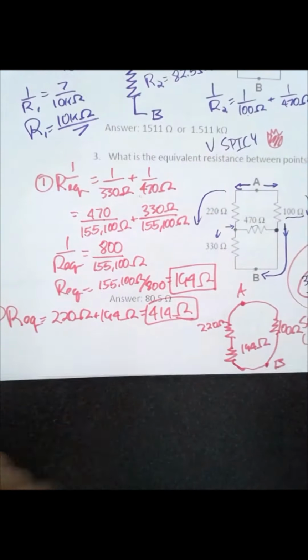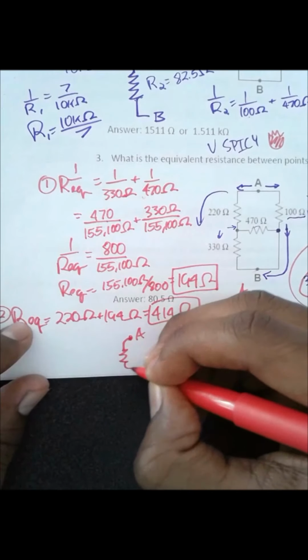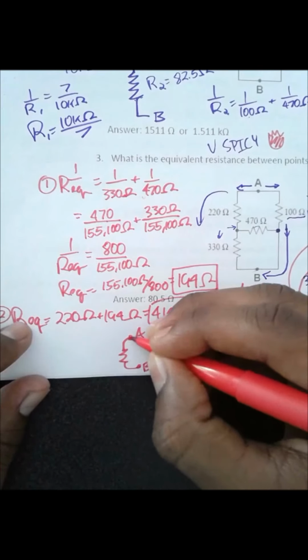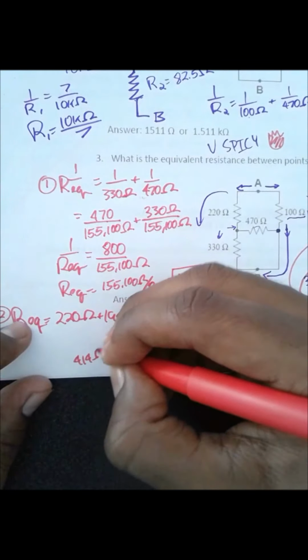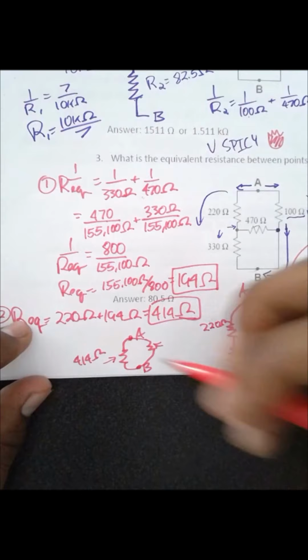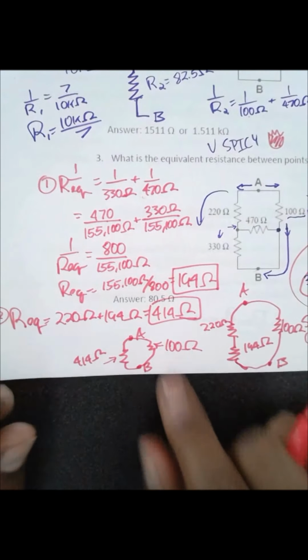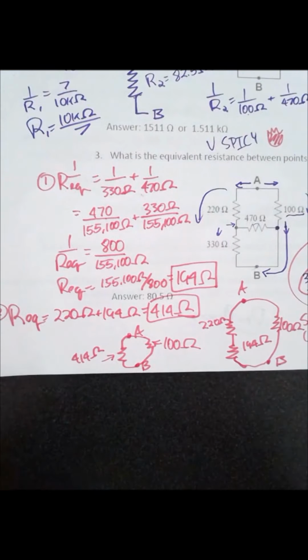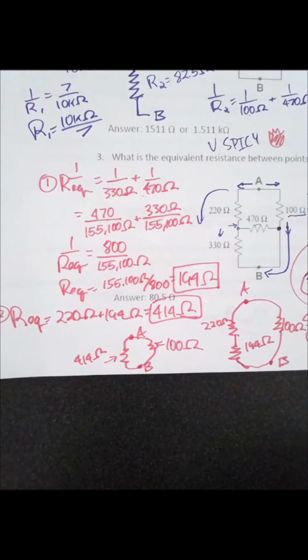All right, so now we have finally like a pretty easy circuit. It took us some time, but we got there. We got 414 ohms here, and we have the same 100 ohms from before. So now we have a circuit that's in parallel with two resistors. Light work. So to find the equivalent resistance here, we do the same thing we did in step 1.